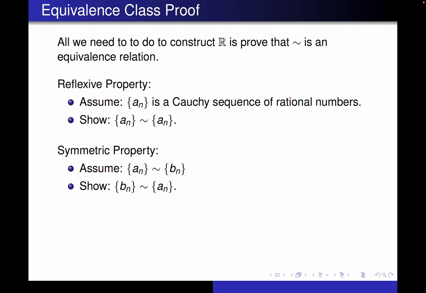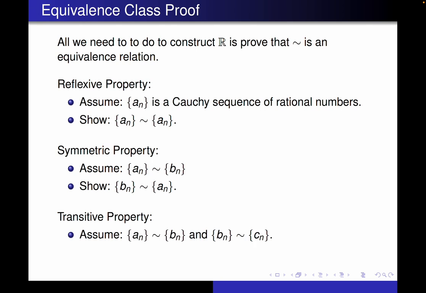That is only going to be slightly more difficult than the reflexive property, so I'm guessing you won't have too much problem. The transitive property is going to be a little bit challenging maybe. You have to do a little bit of manipulation, computations, but I think you're up to it. You're going to assume that an is related to bn, you're going to assume that bn is related to cn, and then you're going to show that an is related to cn.